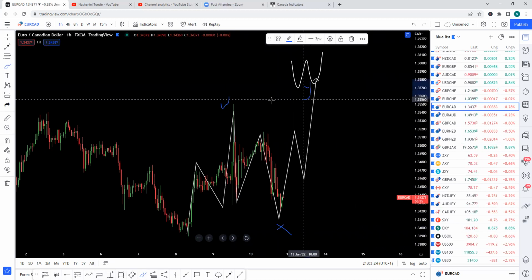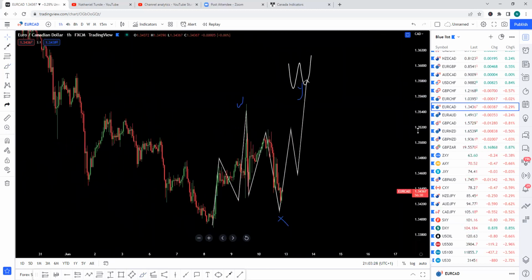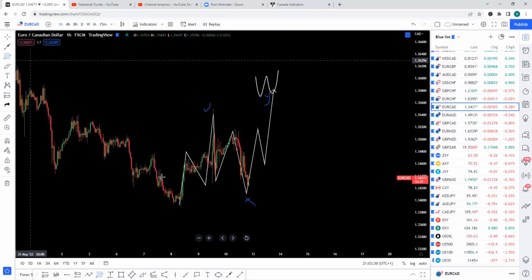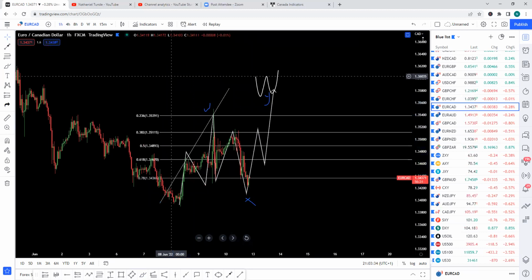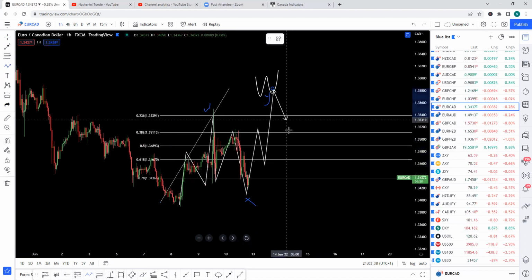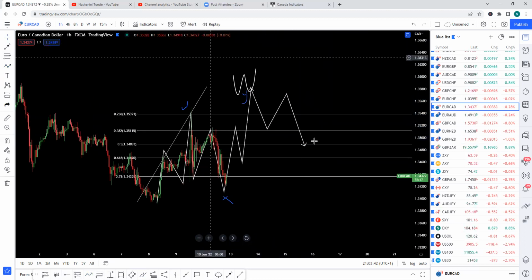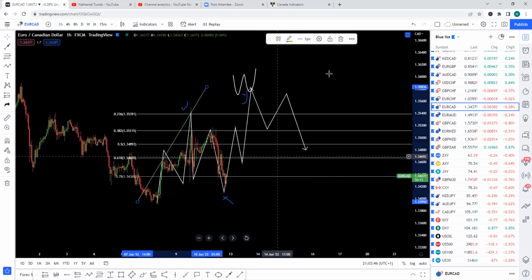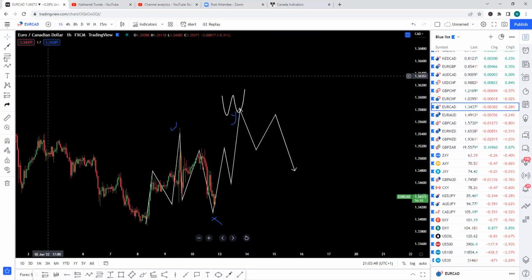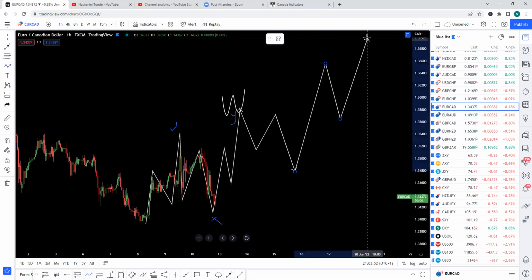X and Y. Okay, and then this three moves up will now be W, which will be corrected by another three going down. That three going down, just 1, 2, and 3. Okay, as soon as that hits 50 to 61.8, guys, correct. Non-negotiable. Non-negotiable. We now make another 1, 2, and 3.